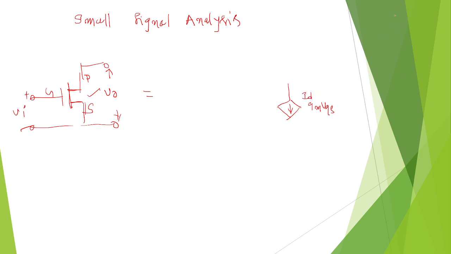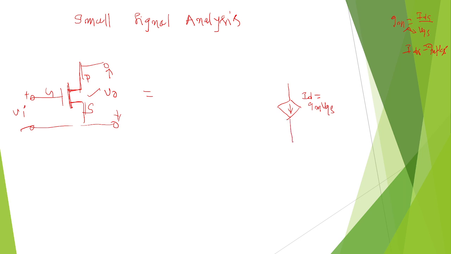As you know, the transconductance GM equals the output current at the drain and source divided by the input voltage VGS. If you cross multiply, then IDS equals GM into VGS, which is the current. Like that we can write this current in the transistor model output side.